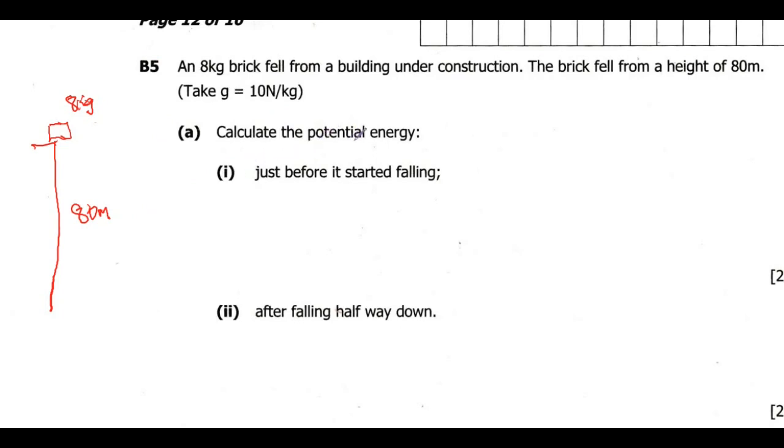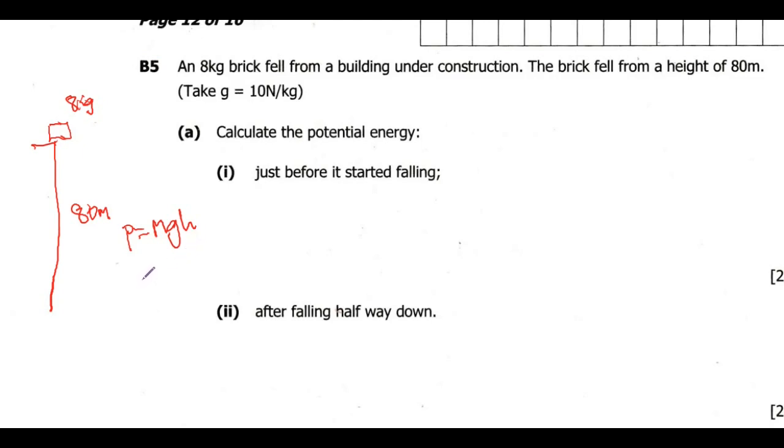Calculate the potential energy. So what is the potential energy right here, just before it started to fall? As we said earlier in part A, potential energy is equal to mass times gravitational field strength, or acceleration due to gravity, times height.